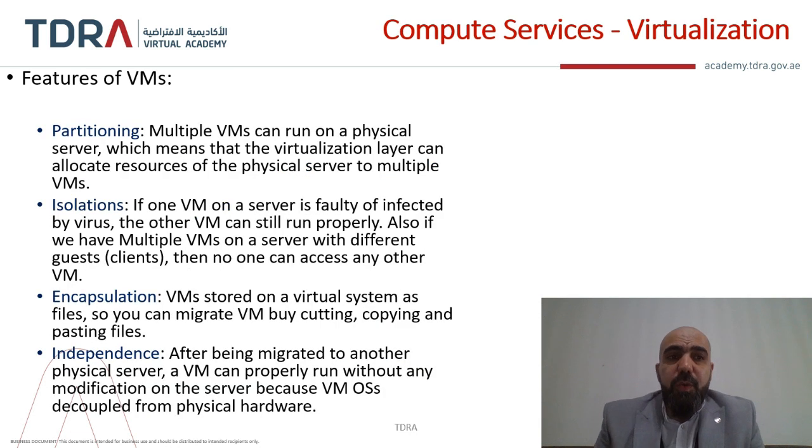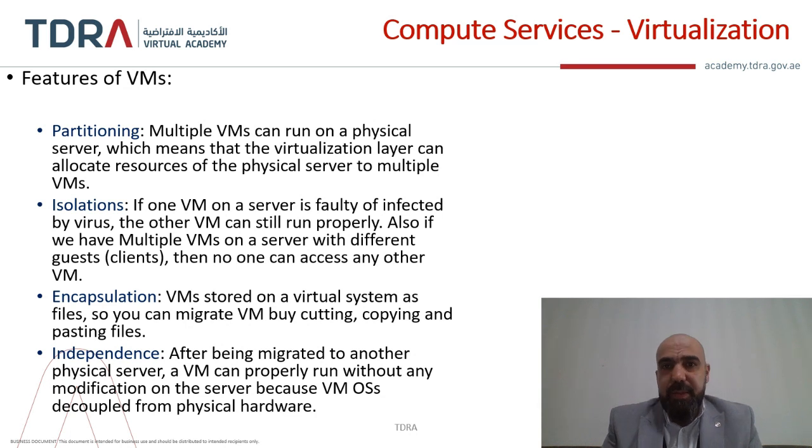Great. So the first feature of VMs is partitioning. Multiple VMs can run on a physical server, which means the virtualization layer can allocate resources of the physical server to multiple VMs. When I'm running VMs, they are completely isolated from each other, unless I want them to communicate.